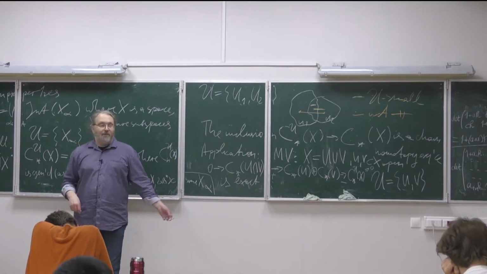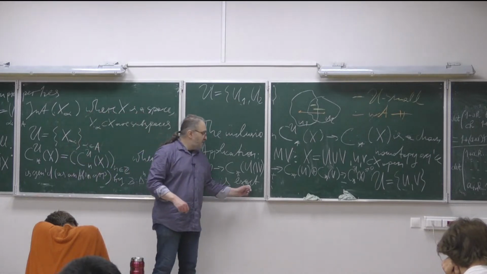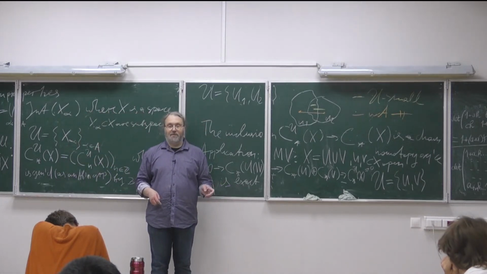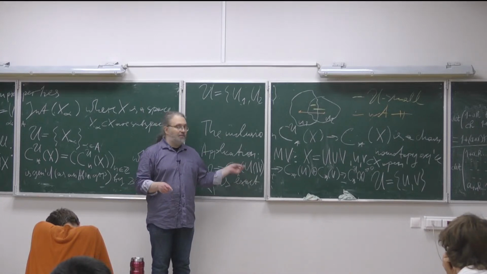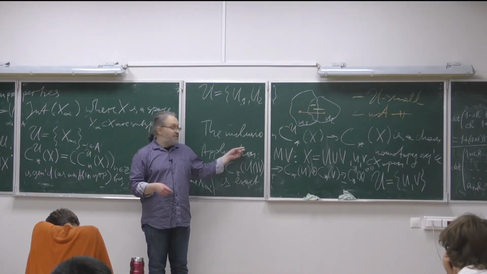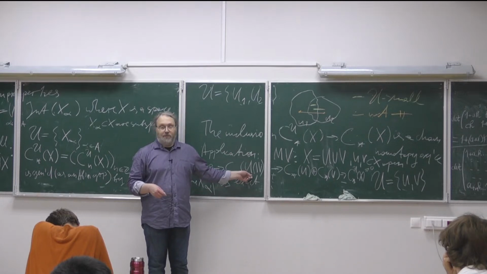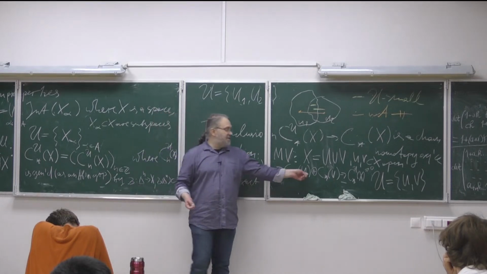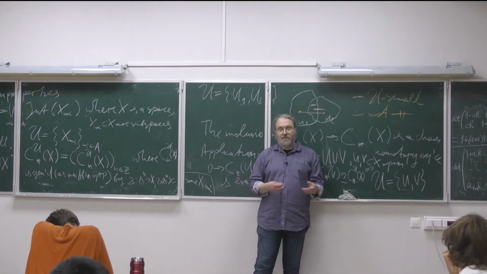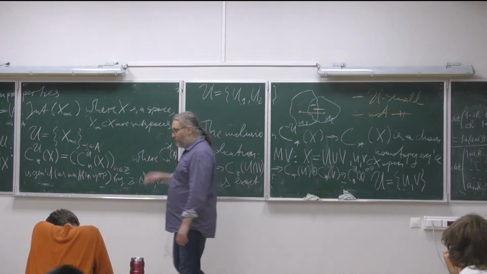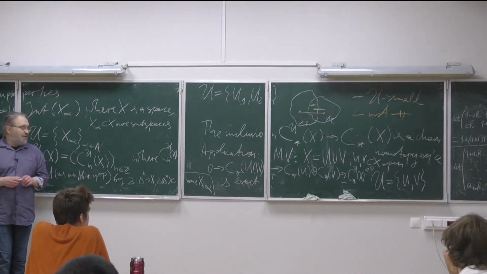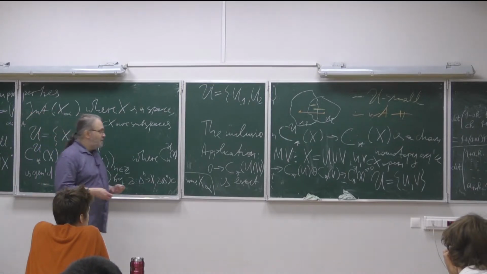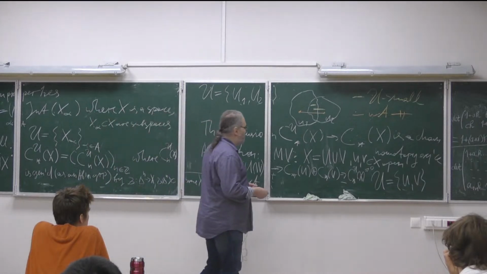Okay, now first of all, does the word exact make sense? This simply means in each degree I have an exact sequence. Cn of the intersection goes to Cn plus Cn goes to Cn, and this should be exact.